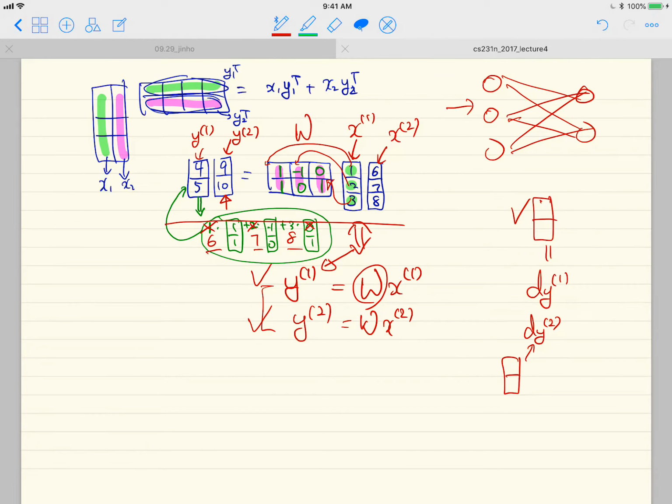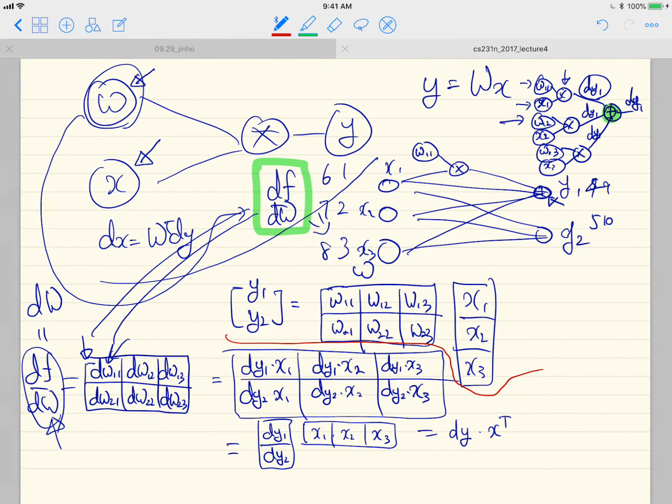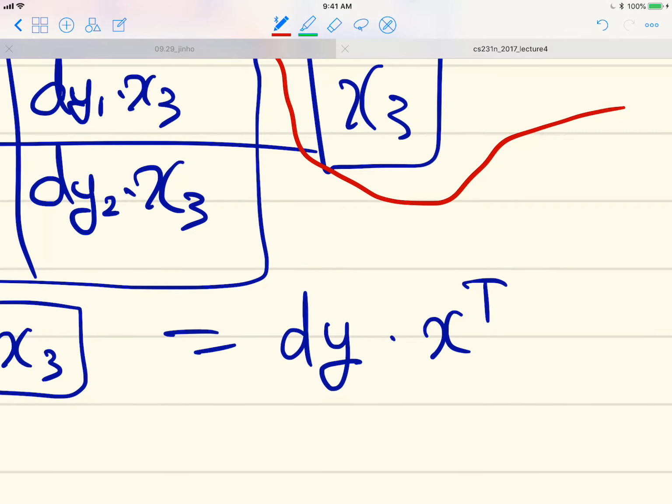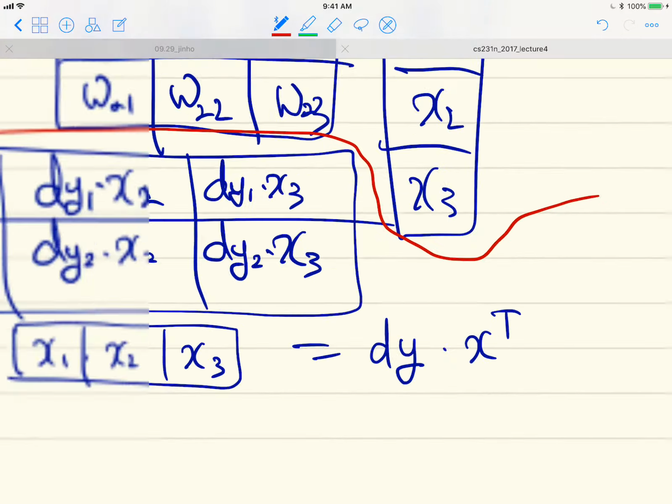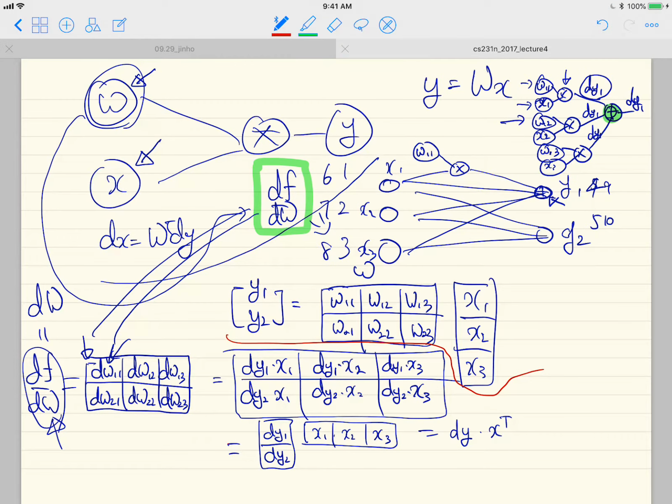W will also have its own gradient coming from the first data item. And what was the equation? That equation is this, right? So this was the derivation of the gradient with respect to W, when considering only a single data item, right?